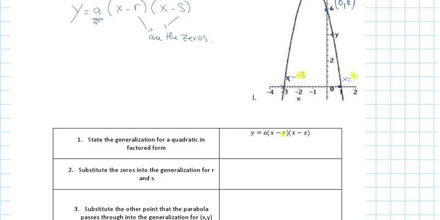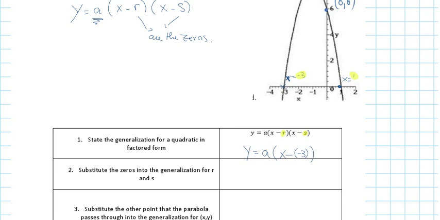So that means I have y equals a times (x. Now I have a minus and minus 3. Do you guys see that? Eyes on me. So you see that minus, that comes from the equation because it's x minus r, right? So that minus comes from the equation. And then you have the other x value, which is negative 3.